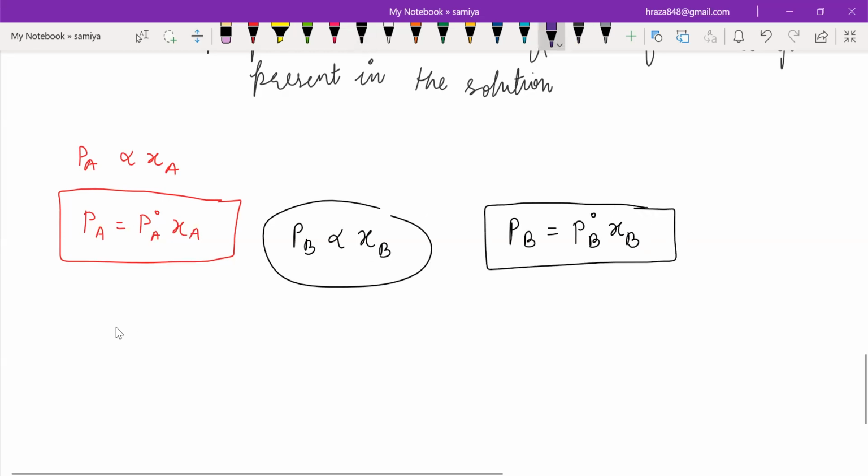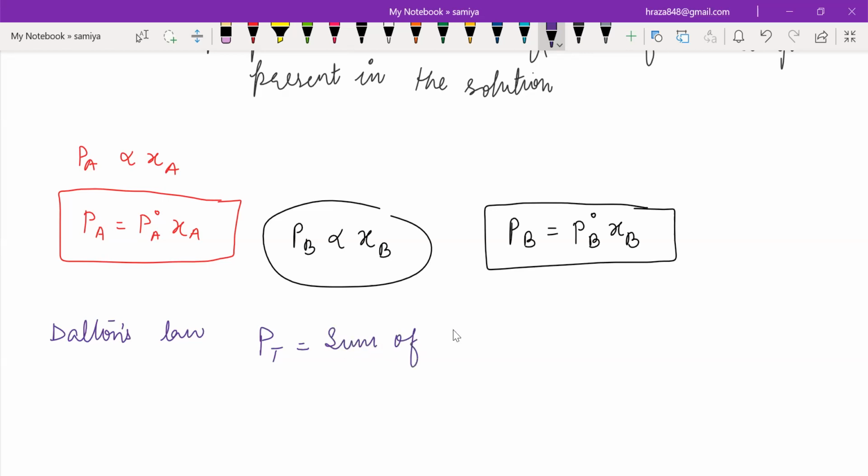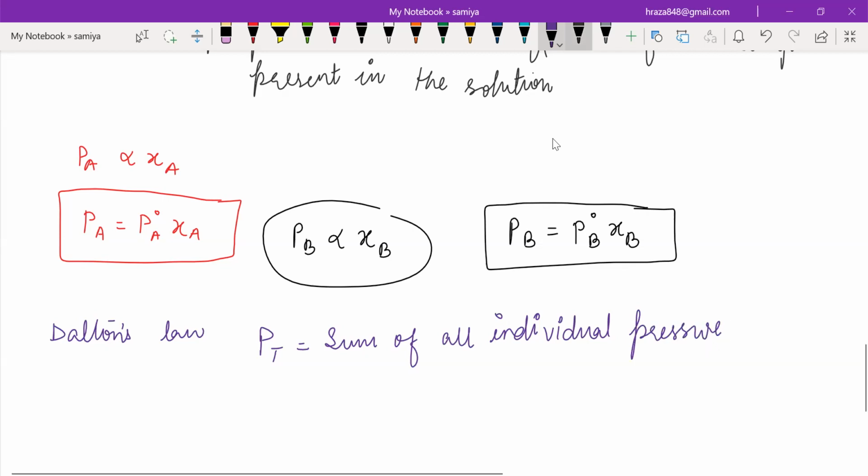Now the next point, which is very important, you know that from class 11th, Dalton's law: total pressure is equal to the sum of all individual pressures. So if we are going to calculate PT, what is the sum of all individual partial pressures?